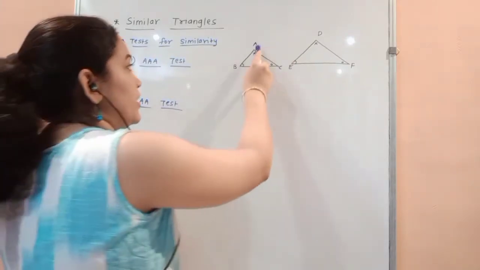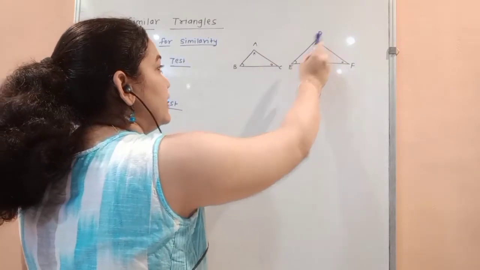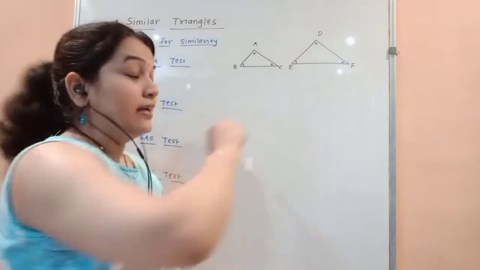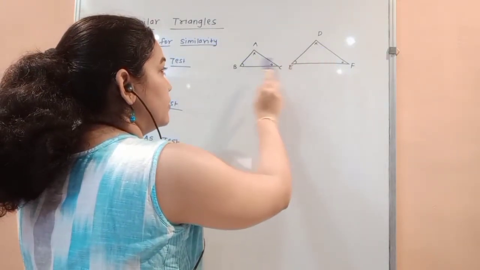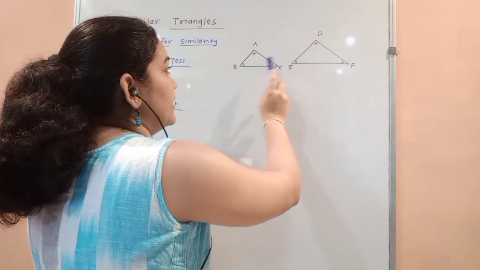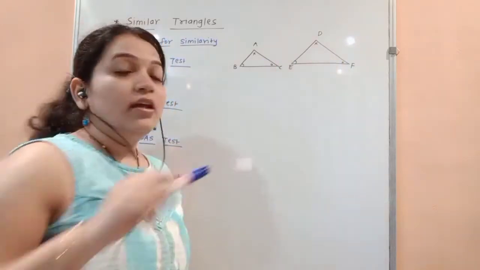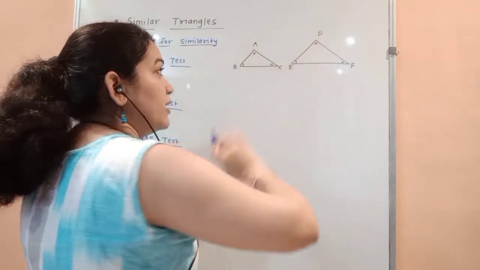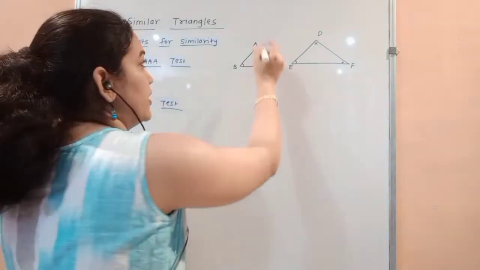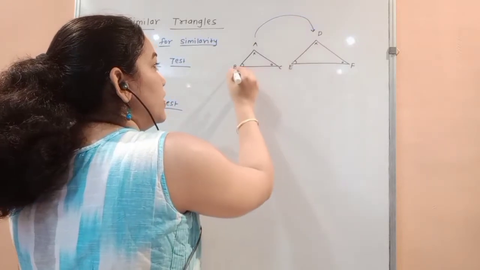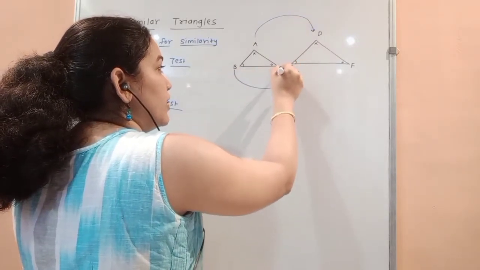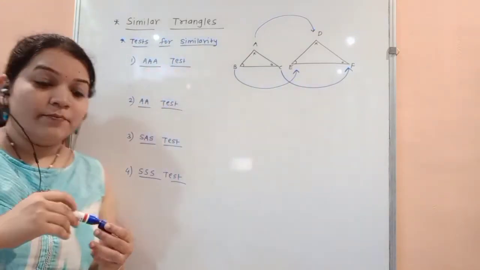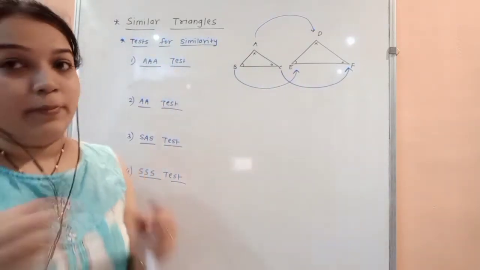Now see here, in triangle ABC and triangle DEF, angle A is congruent to angle D, angle B to angle E, and angle C to angle F. Now how can I write the correspondence? A corresponding to D, B corresponding to E, and C corresponding to F. So while writing the name, I need to write it properly.